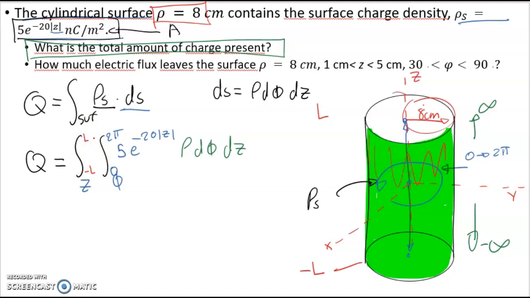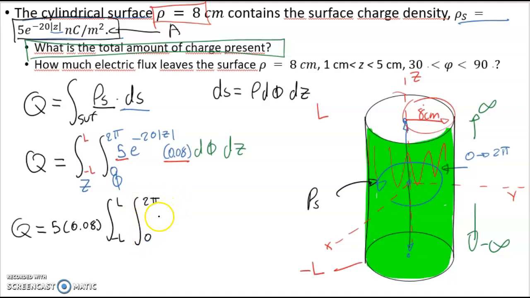We can start substituting some values. For example, the problem says that we're working at a specific rho of 8 centimeters. That means rho becomes 8 centimeters, which is 0.08 meters. 5 and 0.08 are constants, so they can be taken out of the integral. So Q equals 5 times 0.08, integration from minus L to L, integration from 0 to 2 pi of e to the minus 20 times the absolute value of z.